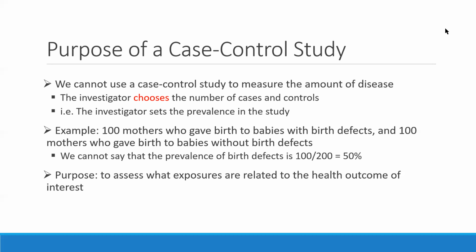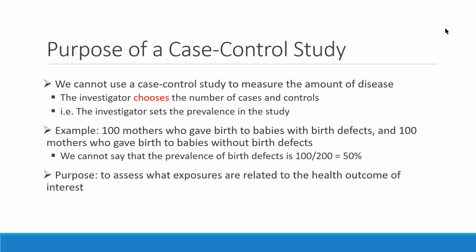So if I'm looking in this room, there's 5 of you, the risk of someone having a pink shirt is 1 in 5, but the odds of someone having a pink shirt is 1 in 4. The people who have it divided by the people who don't.